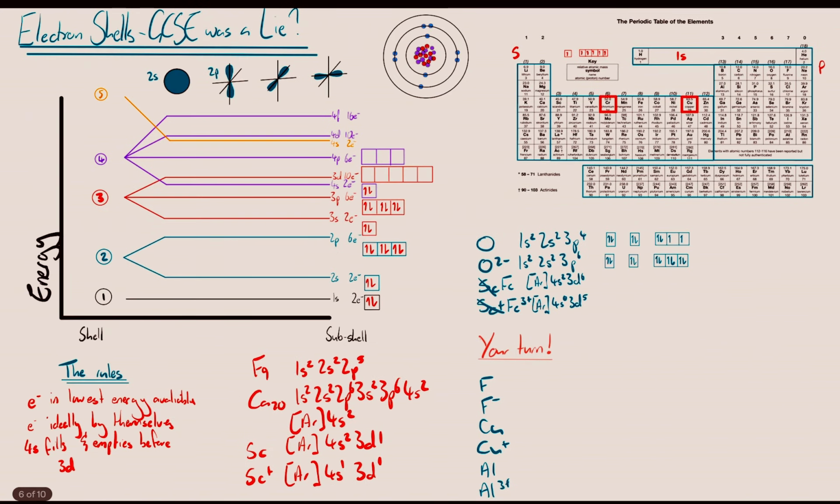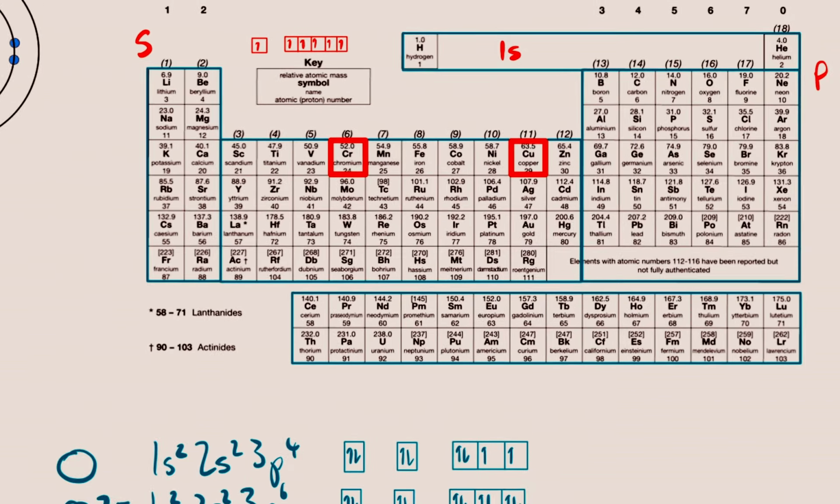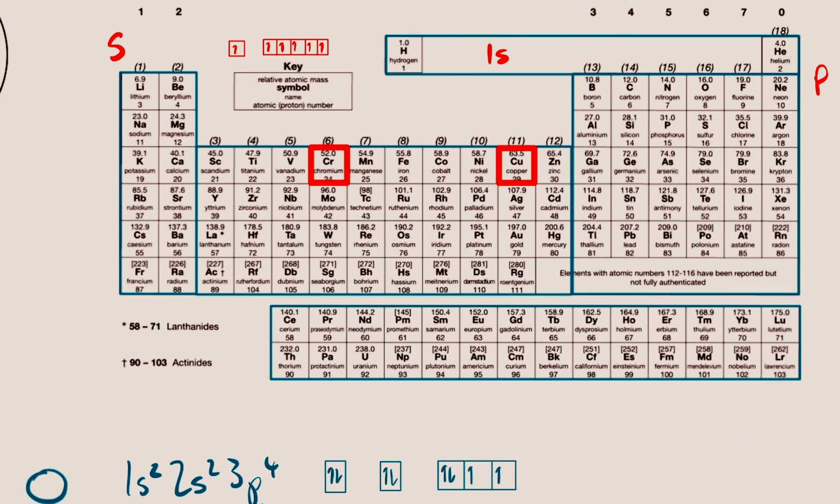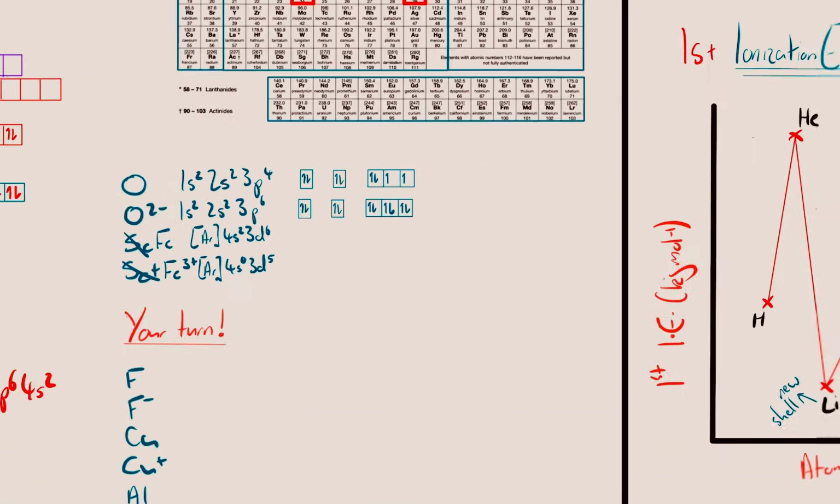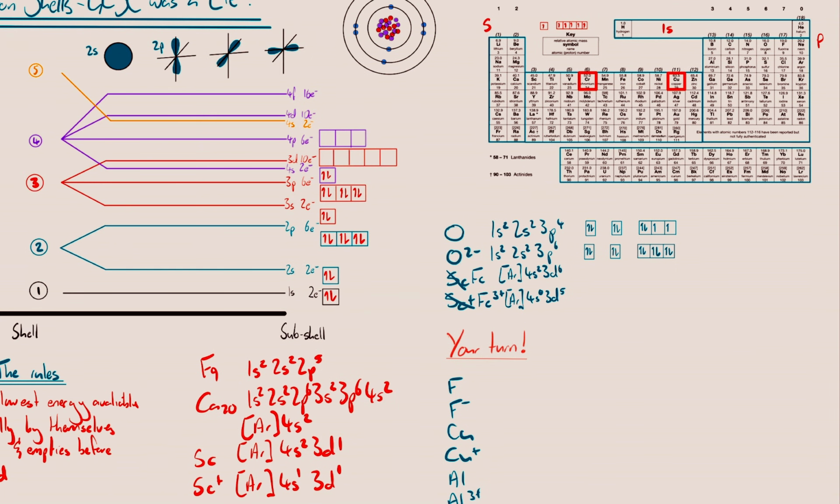Let's look back at the previous video. Here, fluorine. Fluorine, remember, 9, 1s2, 2s2, 2p1, 2, 3, 4, 5. So we can do He, 2s2, 2p5.